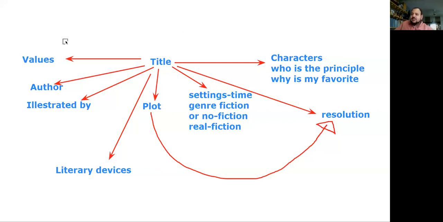I'll say, I need you to write at least 3 paragraphs about the story and a combination of this. Sometimes I'm going to request that at the end of the book you make a presentation because I want to know your opinion and have a conversation with you. It's going to be a very nice opportunity for speech evaluation.